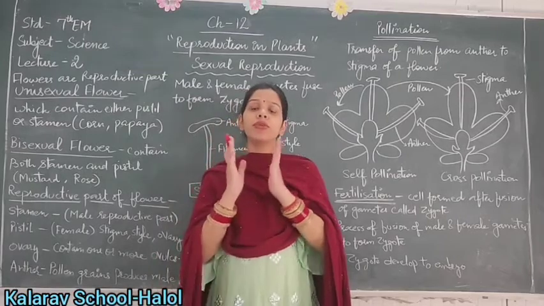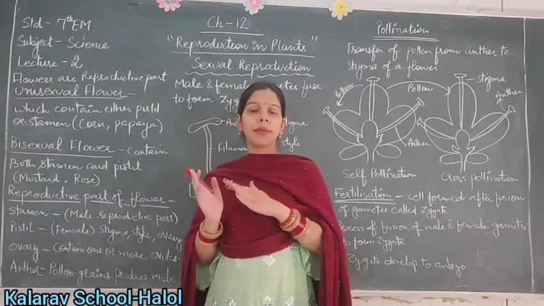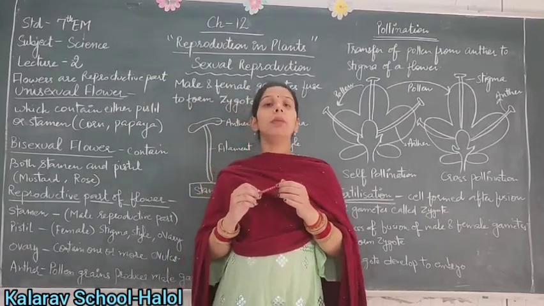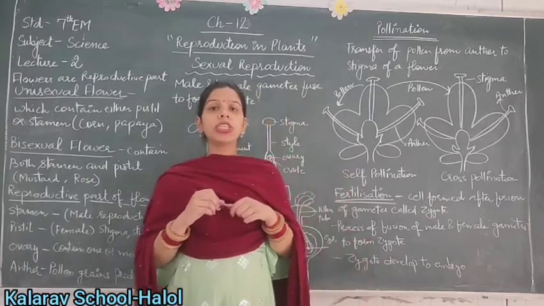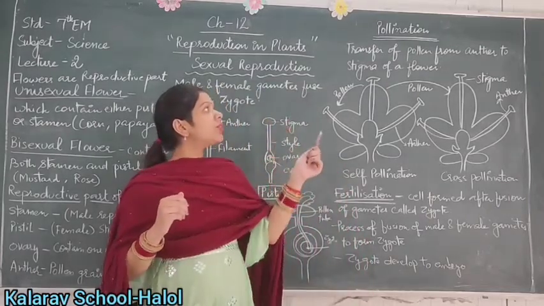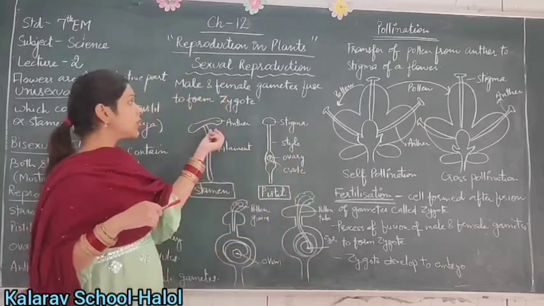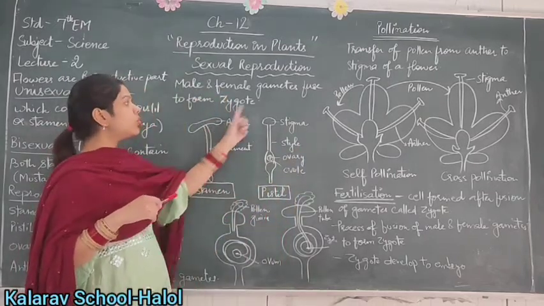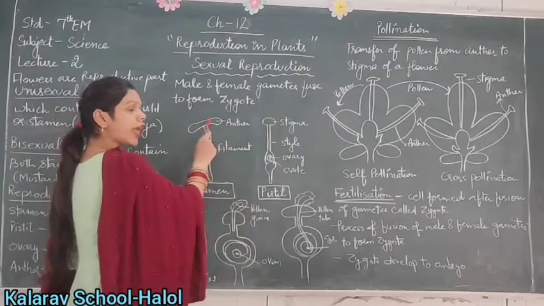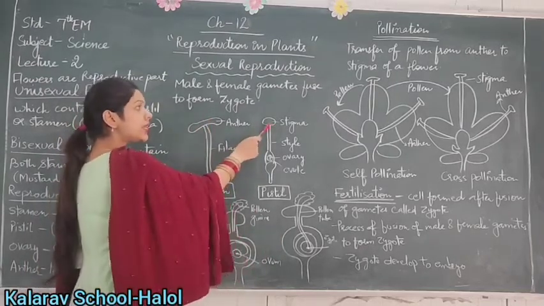This fusion of male and female gametes is done only by pollination. Pollination is the transfer of pollen from the anther, which produces pollen, to the stigma. As you see, these are anthers and this is the stigma.